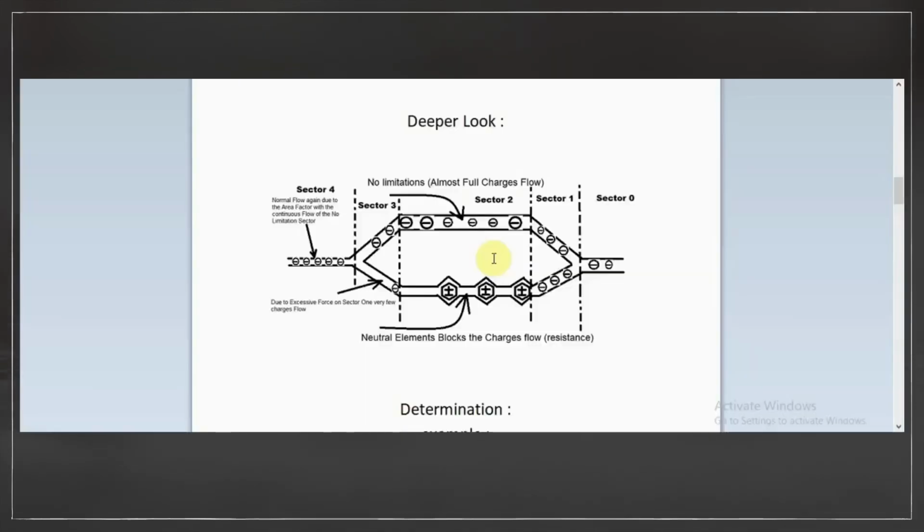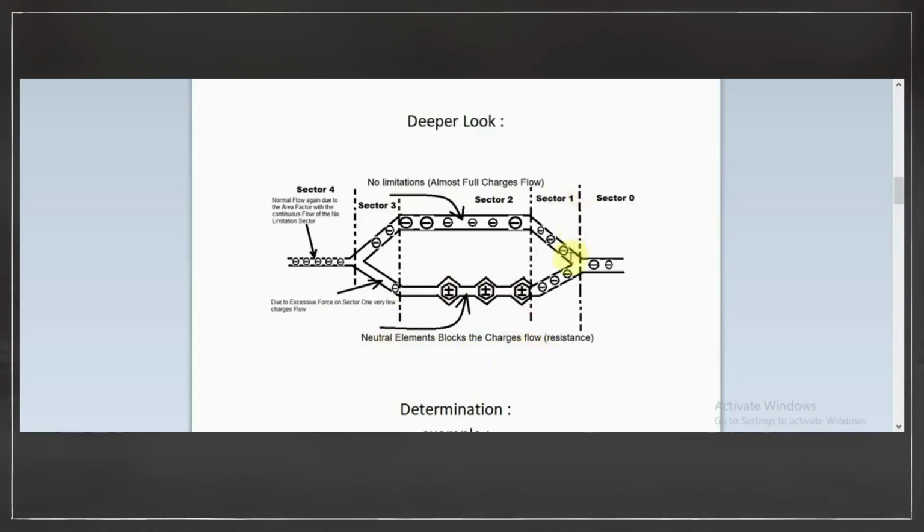In sector 2 we're going to describe the difference between both wires. Here in the normal wire you're going to find no limitations, which means the current and the charges flow normally. But in the resistance wire there are neutral elements that block the charge flow, which is called resistance.